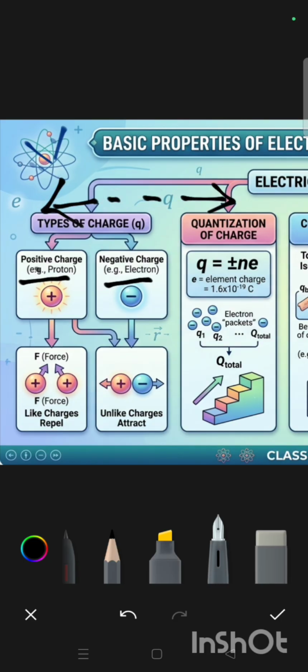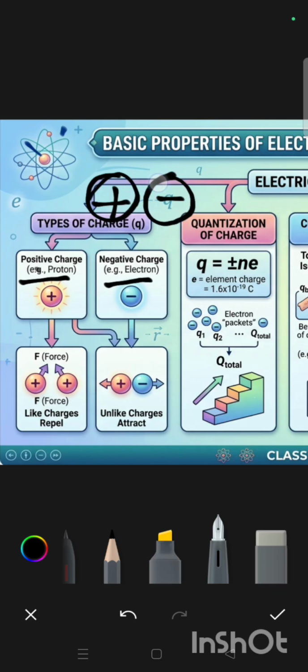Why does this happen? They are like charges. Like charges always repel each other. If they are two different charges, positive and negative, they attract each other. This is the force of attraction or repulsion. This is given here: like charges repel, unlike charges attract each other.